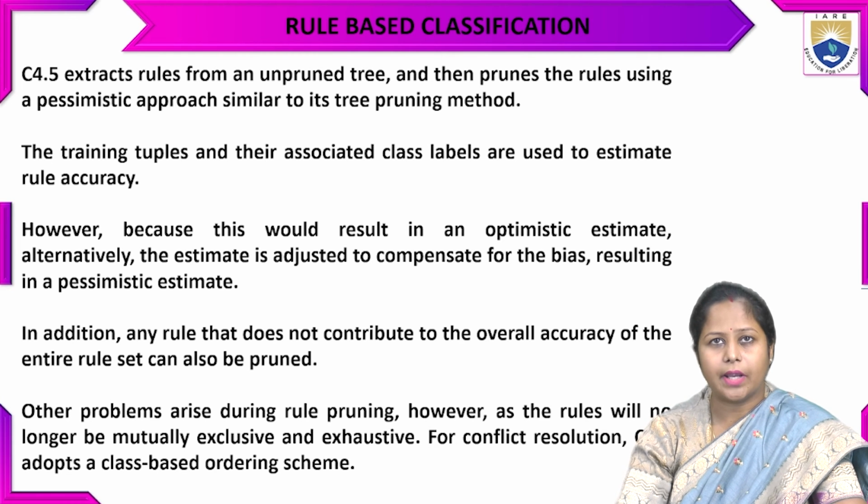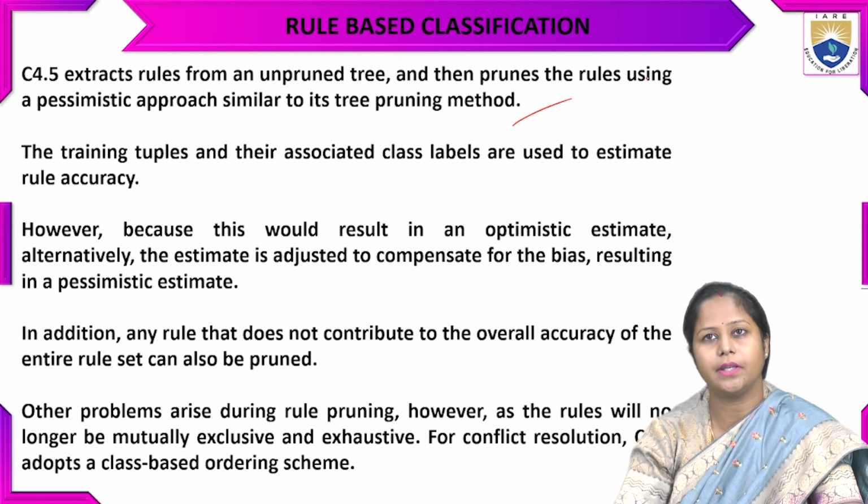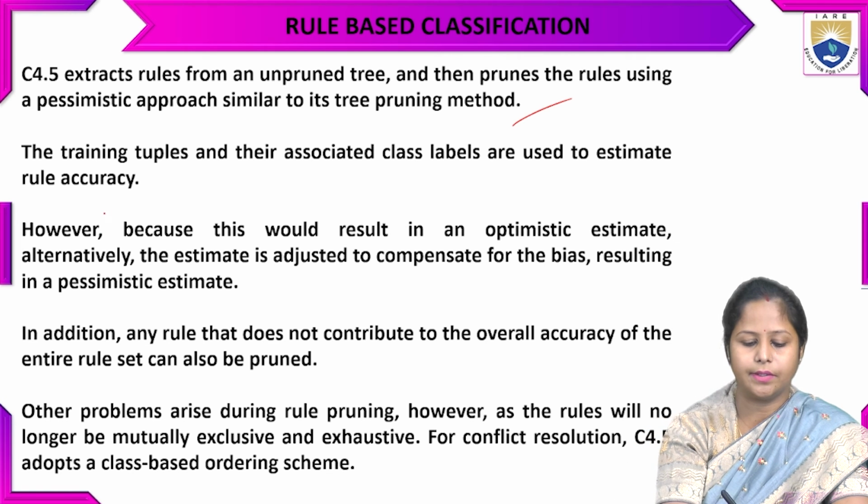Here, C4.5 extracts rules from an unpruned tree and then prunes the results using a pessimistic approach similar to its tree pruning method that we have seen in the earlier course. The training tuples and their associated class labels are used to estimate rule accuracy.